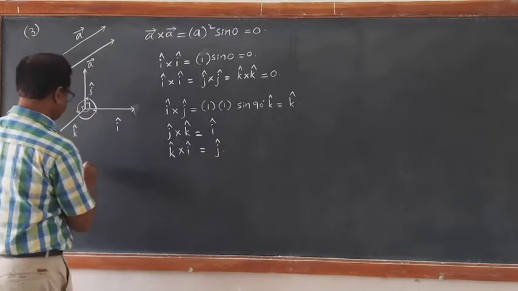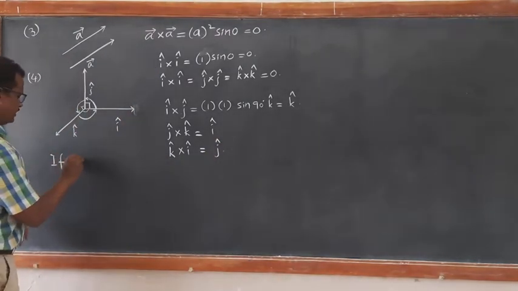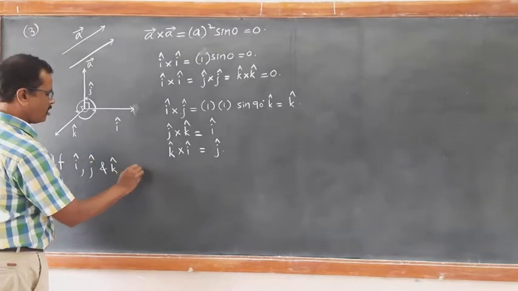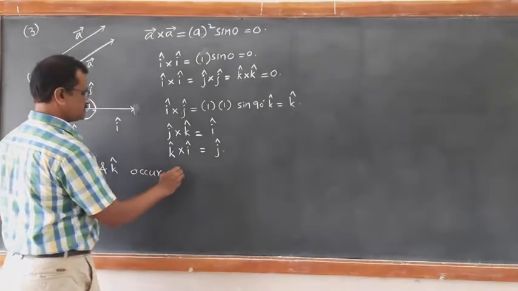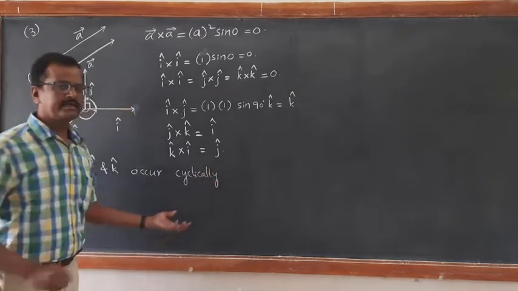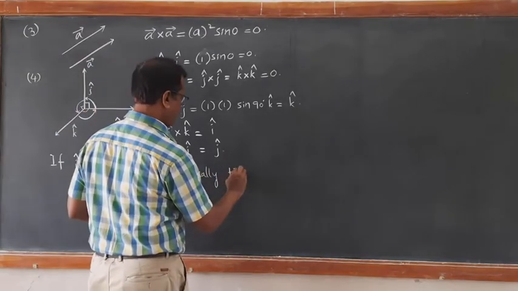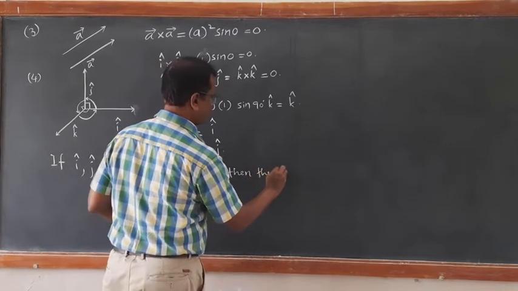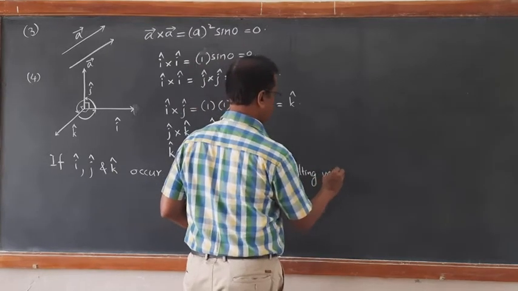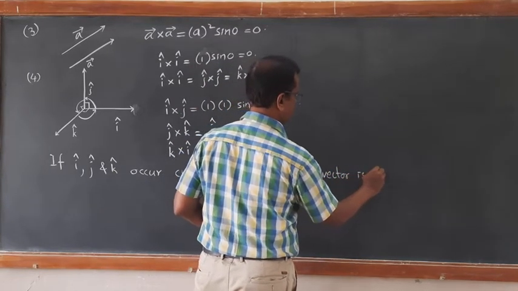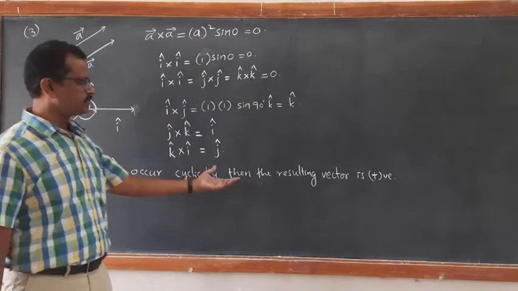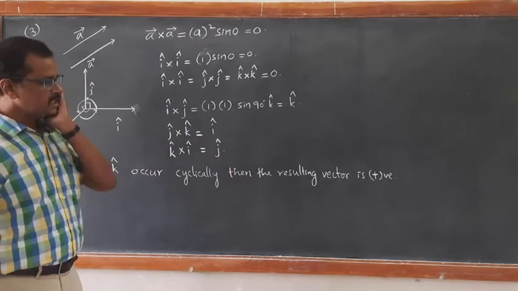So I can conclude, if I cap, J cap and K cap occur cyclically, then the resulting vector is positive, perpendicular to both the vectors.